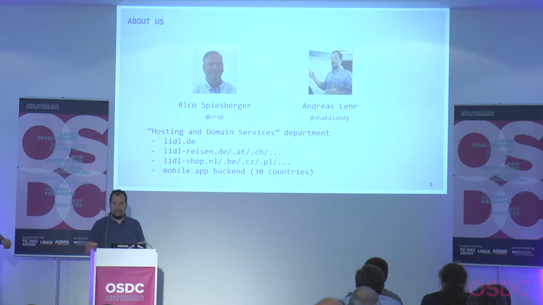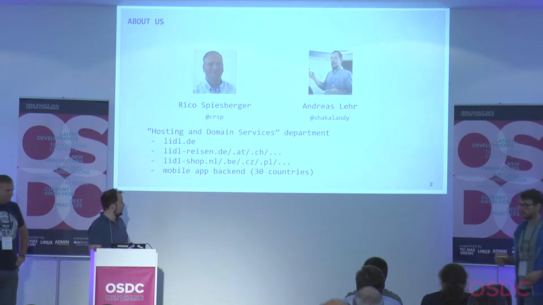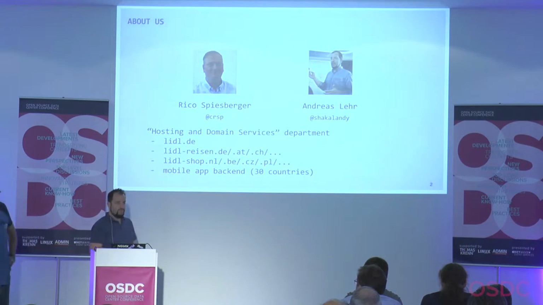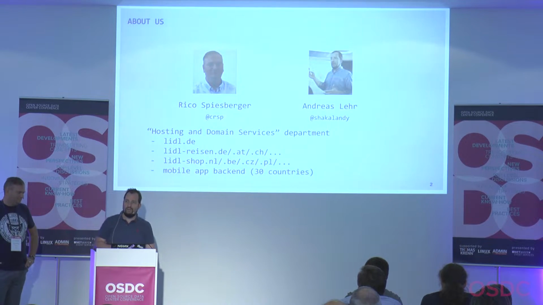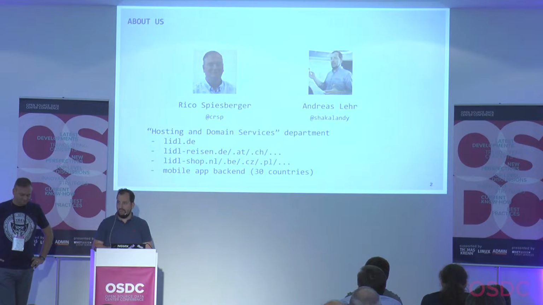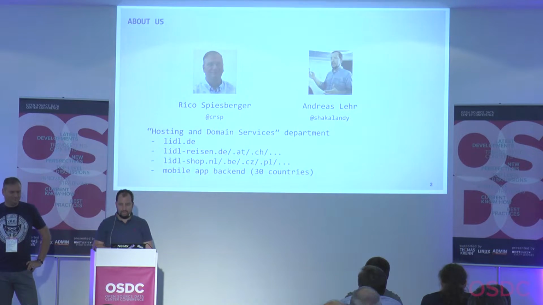We also have internationalization on the shops. We are running them in the Netherlands, Belgium, Czech Republic, Poland, and Spain. We also have a mobile app, which you might have installed on your phone. It's available on iOS and Android, and it's running in 30 countries. It's using one backend, which we are also hosting.